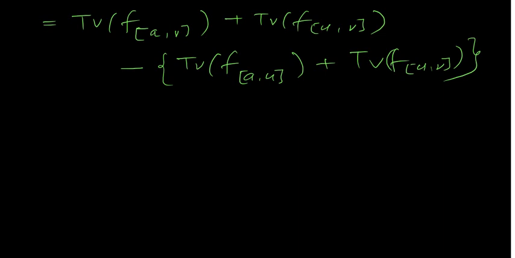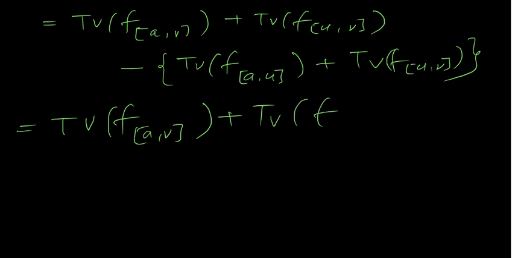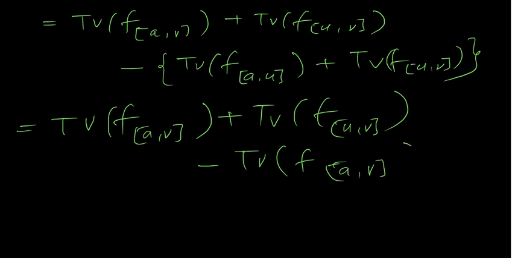So this is equal to the total variation of f over the interval a to v plus the total variation of the function f over the interval u to v, and then minus times this is the total variation of f over the interval a to v. These two will go.